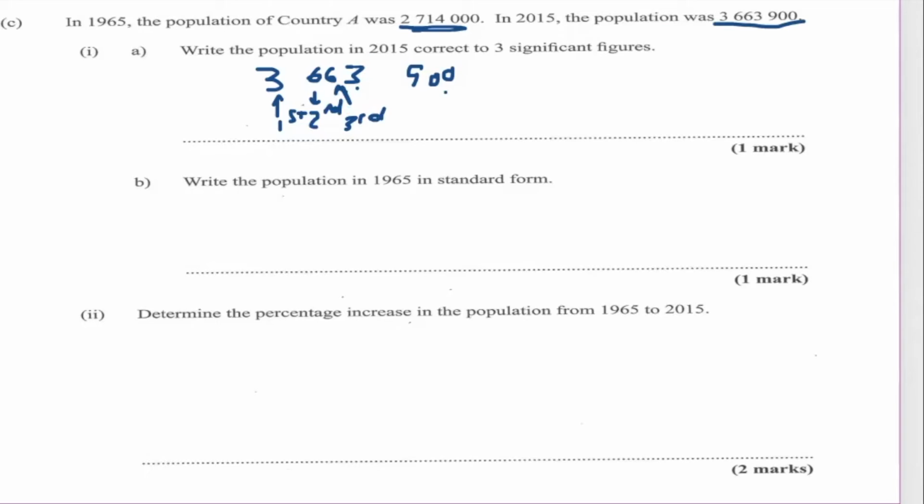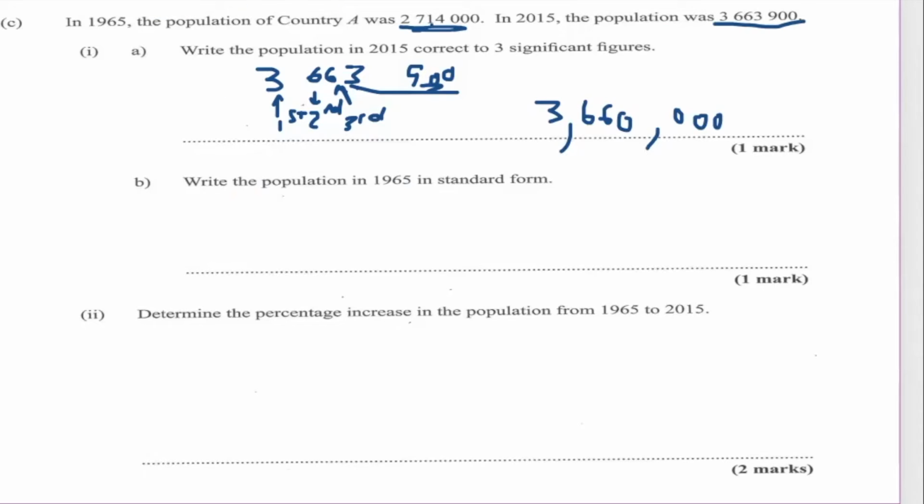Because it's less than 5, we are going to round down, so everything behind will turn to a 0. So in other words, the answer for this question will be 3,660,000.